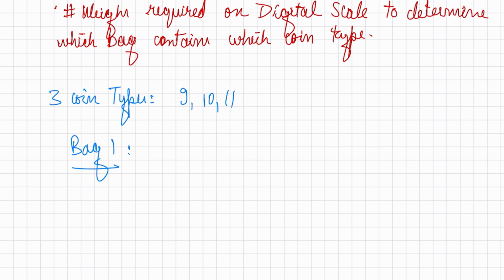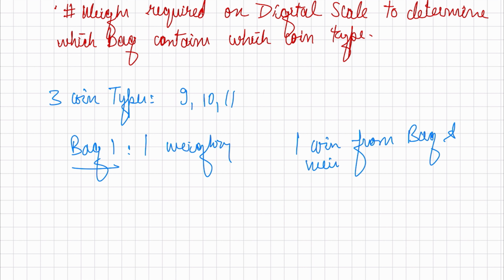I think the answer is very clear. You take one of the coins and weigh it on a digital scale, and if it's 9 gram, the bag contains 9 gram coins. If it's 10 gram, 10 gram coins. If it's 11, it's 11 gram coins in the bag. So just one weighing is enough. You just take one coin from the bag and weigh it on the digital scale, and that should be good enough.